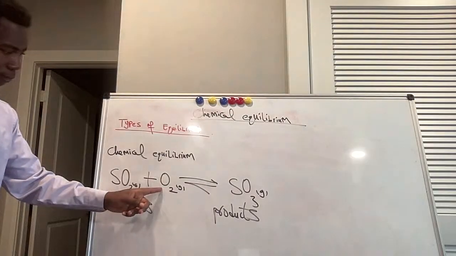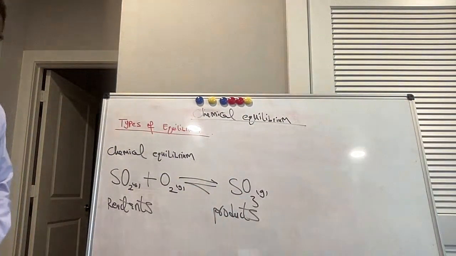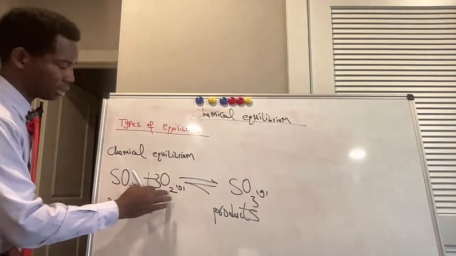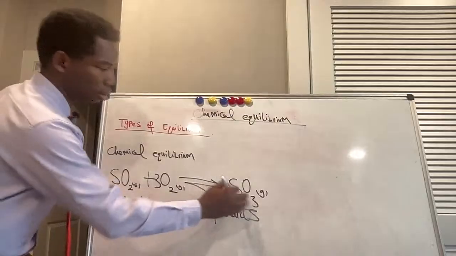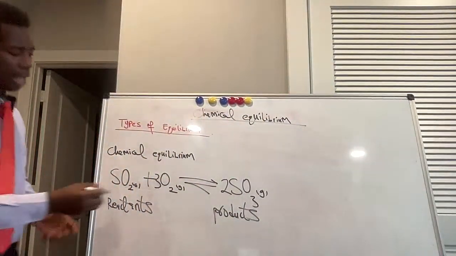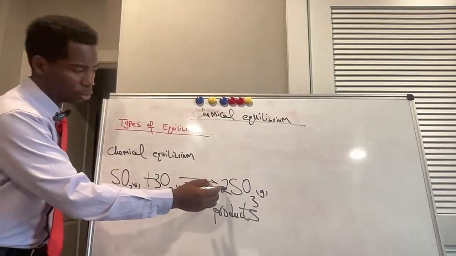Oxygen is 2 here and 3 here, so oxygen is not balanced. Now let's add 3. Oxygen is 6 here, because 2 times 3 is 6.